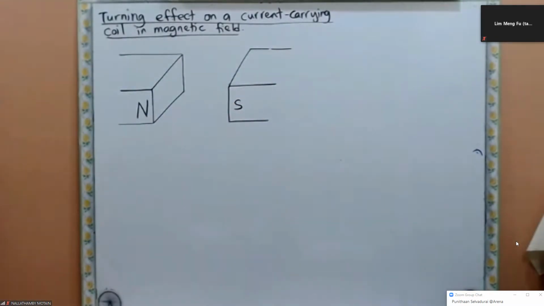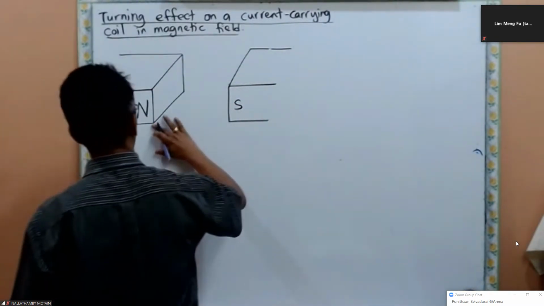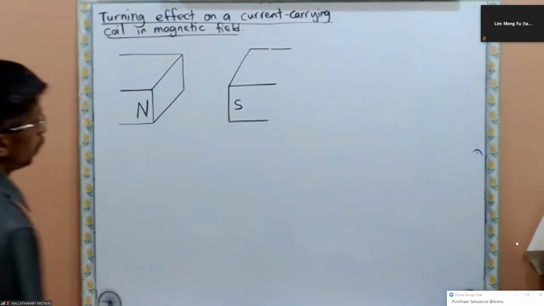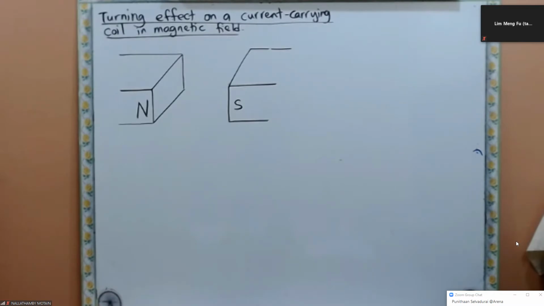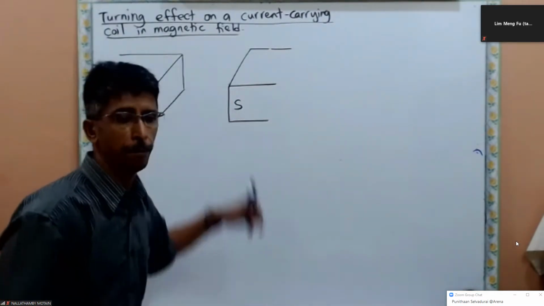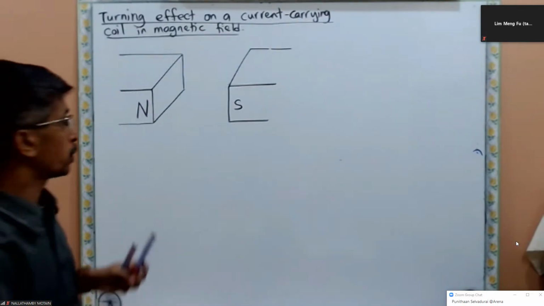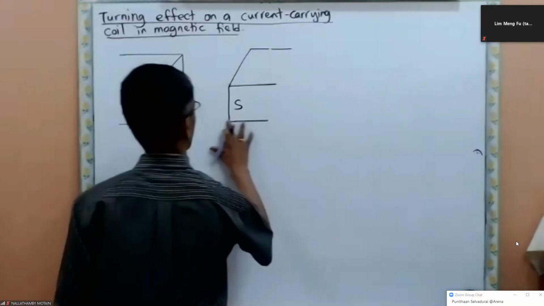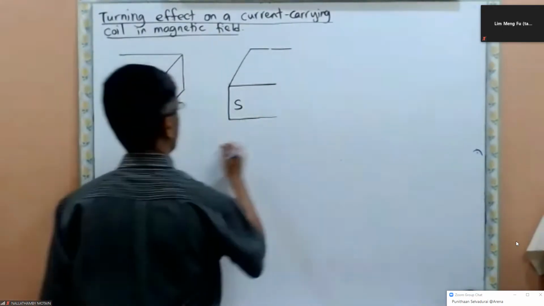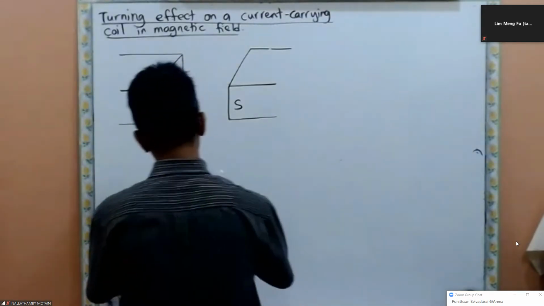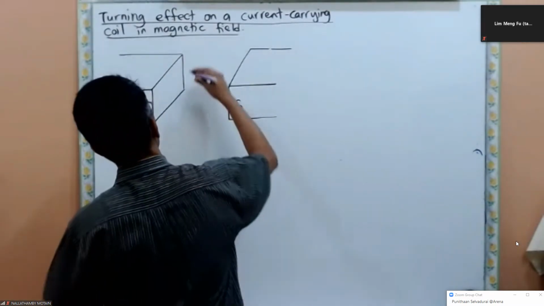Here I already drew two magnets, and these two magnets are facing each other. That means in between there is a magnetic field. But now I'm going to place a coil in between. Let's say the coil is like this.